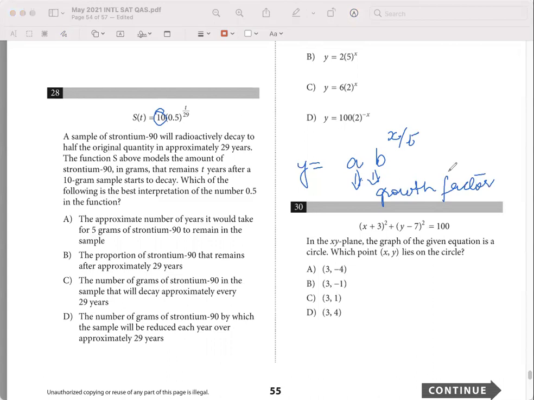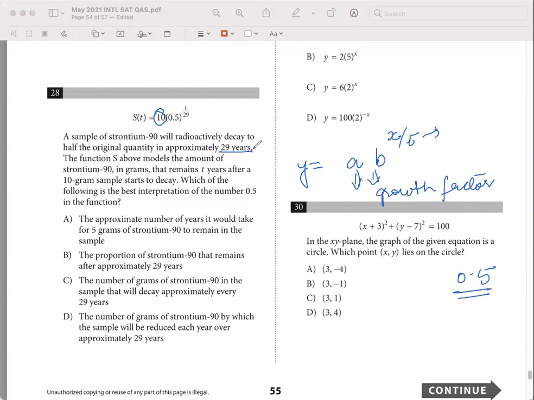Here it's a decrease because the growth factor is less than 1, it's 0.5. So that decreases by 50%. And this T is the time period in which the growth factor is applied, right? So here the half-life is 29 years, which means it decreases to half.